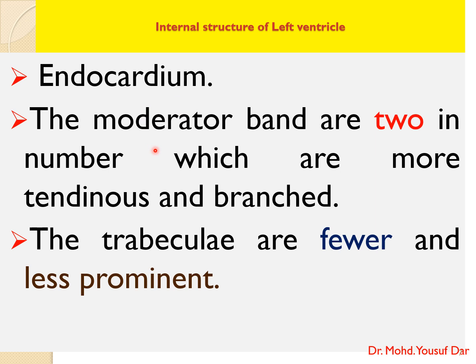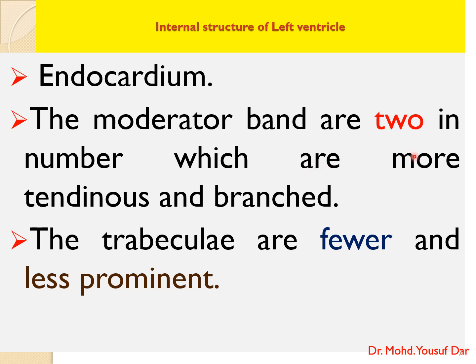Now coming to the internal structure of the left ventricle. It is lined first with the endocardium, then there are musculotendinous bands, as we have seen in the right ventricle, which extend from the outer wall up to the interventricular septum. They are known as moderator bands.